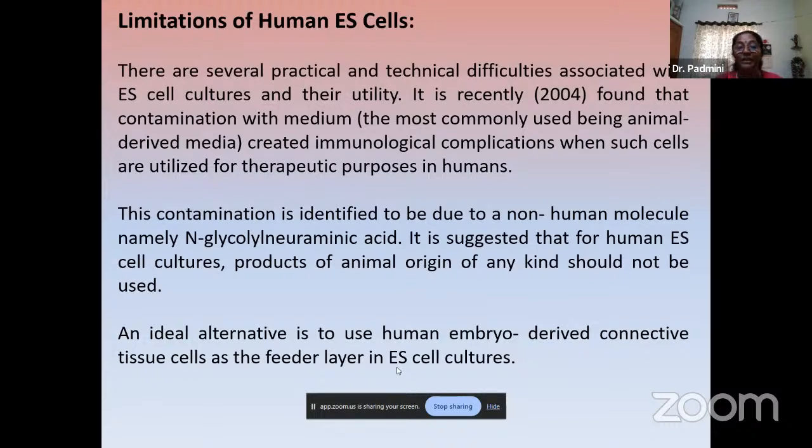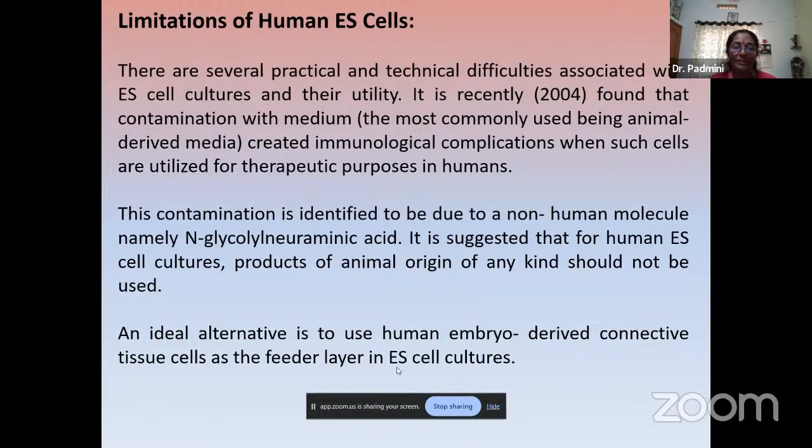So what are the limitations of human embryonic stem cells? There are several practical and technical difficulties associated with ES cell culture and utility. It was found recently, in 2004, that contamination with the medium, the most commonly used being animal-derived media, created immunological complications when such cells are utilized for therapeutic purposes in humans.